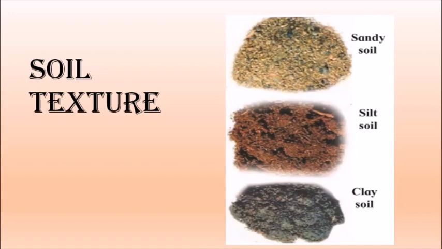Next is the clay soil. In this, the proportion of small particles is maximum and it is difficult to plow it. It contains some amount of organic matter, but it is very smooth to touch. You must have touched the clay soil. It is very smooth.